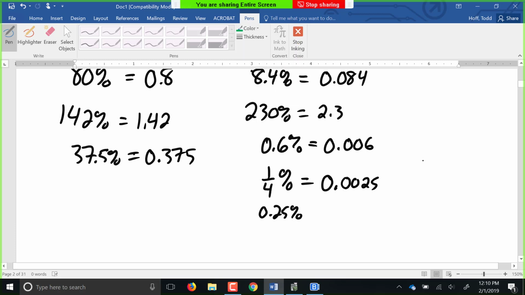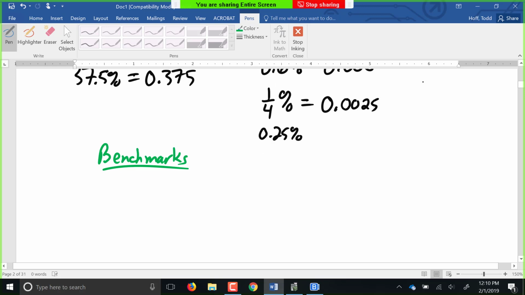One thing that I use a lot, especially in percents, but in other calculations, we talked about rounding before we punch into the calculator for our main operations. Similar to that is something called benchmarks. Benchmarks just mean things that you know and are easy to calculate. One such benchmark is 1%.